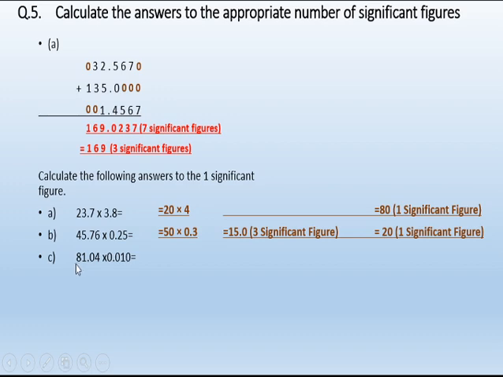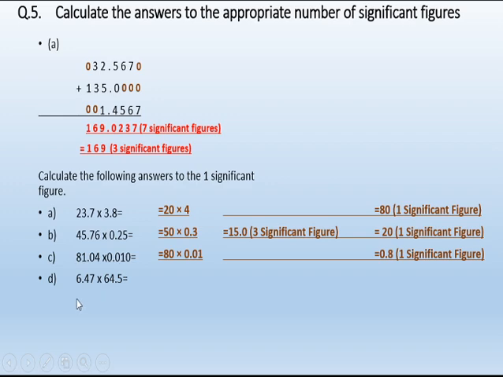So we'll be converting 81.04 into one significant figure, which is 80, and 0.001 stays 0.001. Multiplying, this gives us 0.08, which is already one significant figure. The next number is 6.47 multiplied by 64.5.